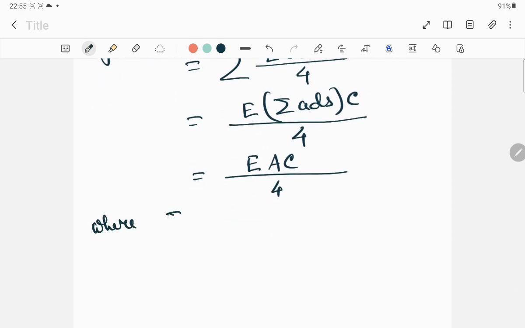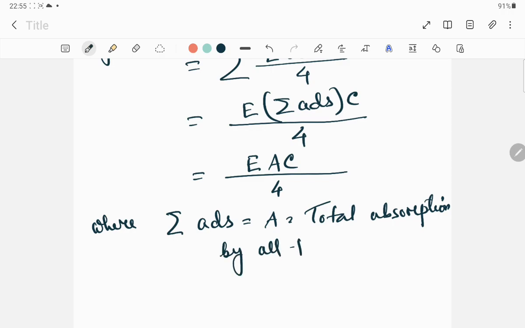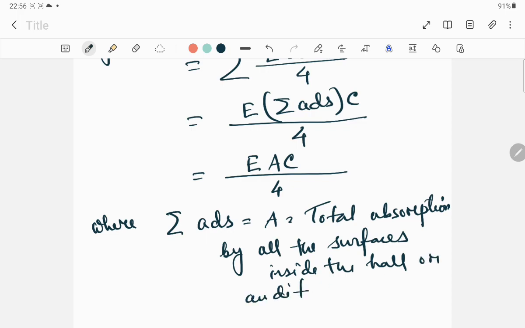where summation A into ds equal to A is called the total absorption by all the surfaces inside the hall or auditorium.